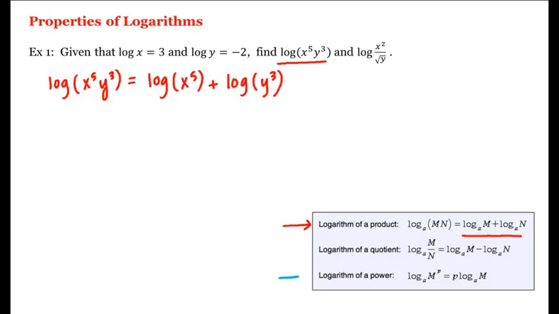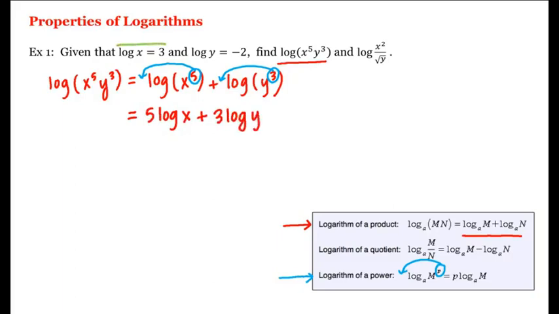And by this last property down here, the logarithm of a power, we can take this power and bring it down in front of the logs. So let's do that to both of these logarithm expressions here. We can bring the 5 down in front here, as well as the 3 down in front here, which gives us 5 times log of x plus 3 times log of y.